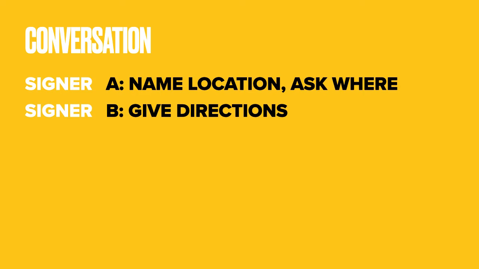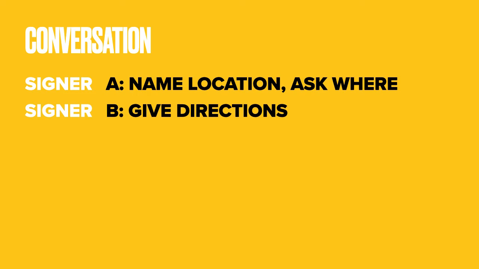Okay, so let's do a known location that we are all familiar with. Let's start out with my classroom. So let's say that a new student or parent comes into my classroom and they say, how do I get to the library? So I'm going to help you, and you sign along as I'm giving instruction.